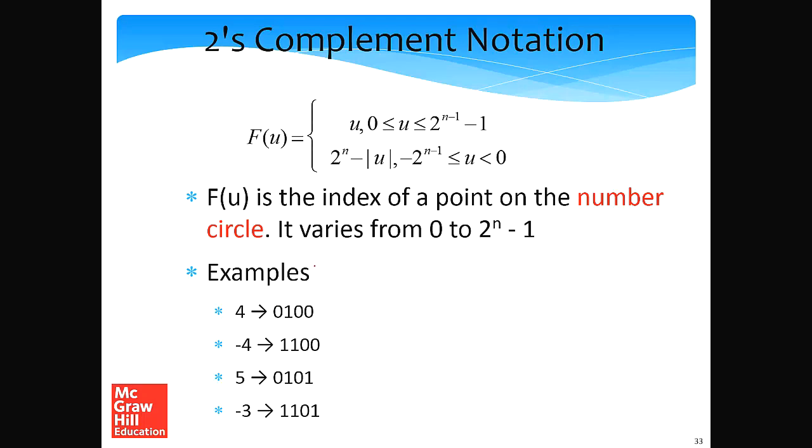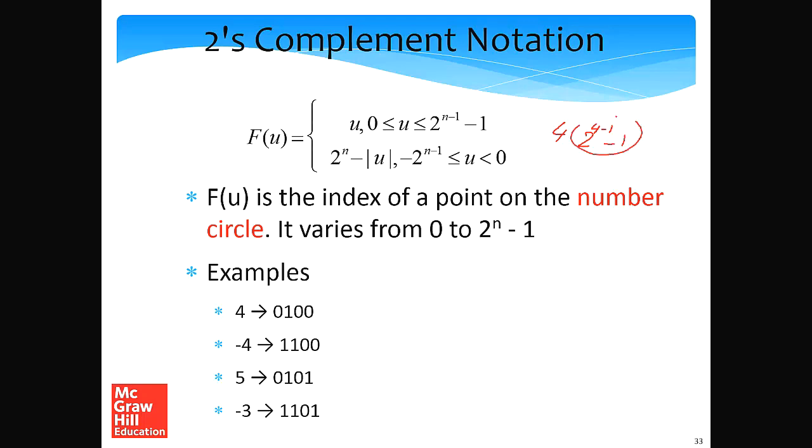So keeping these things in mind, let us define the 2's complement notation. We'll represent positive numbers as we were doing, as long as a number is between 0 and 2 to the power n minus 1 minus 1. In a 4-bit number system, this is 2 to the power 4 minus 1, and minus 1.